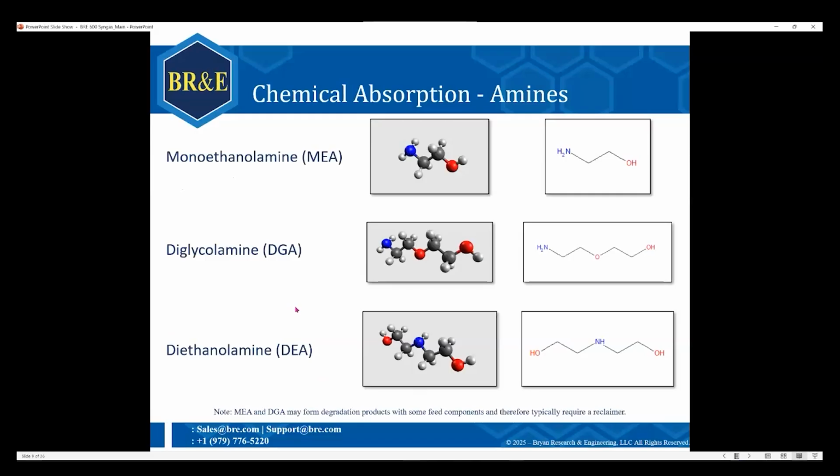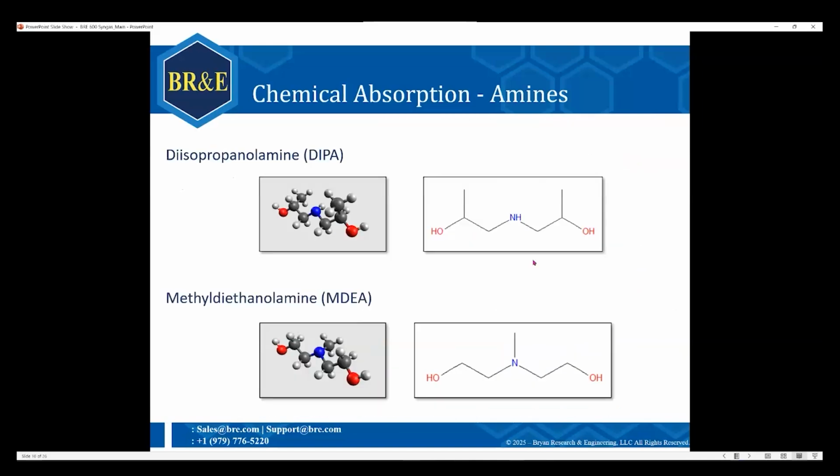On this slide, we can see some examples of the amines. So primary one, MEA. Another one is DGA. You can see the alcohol groups are present. So they have better interaction with water and remain inside the water better. Then we have the DEA, which is a secondary amine.